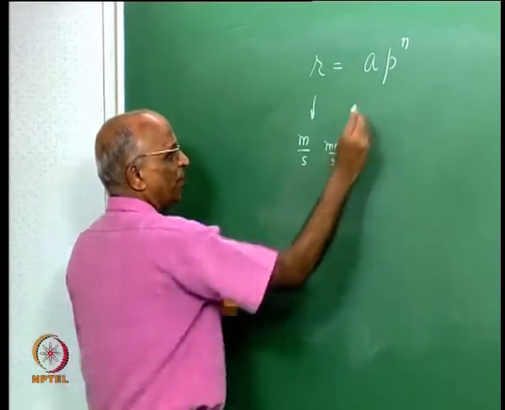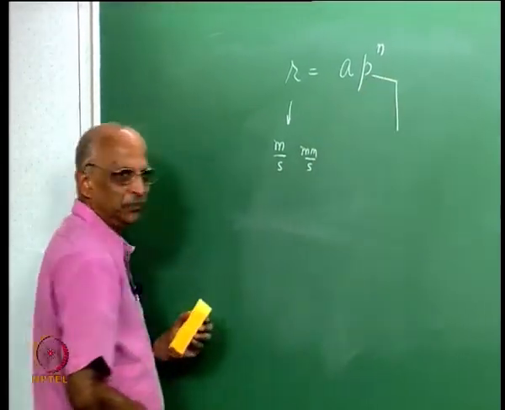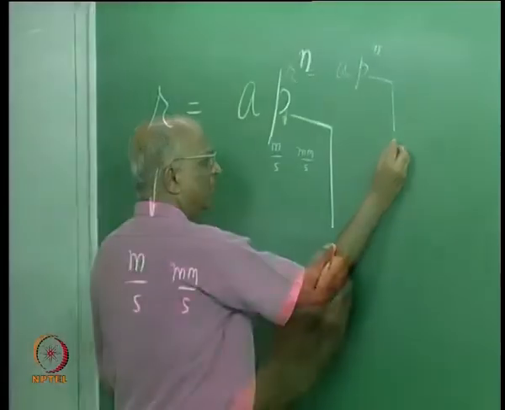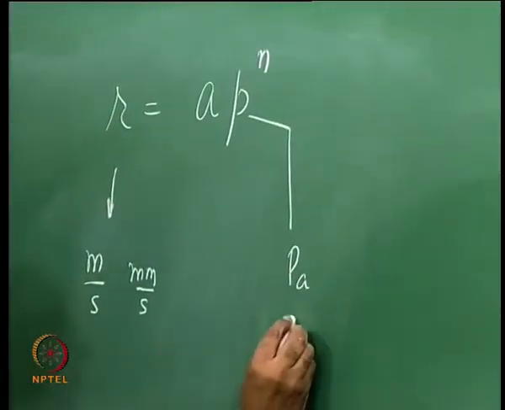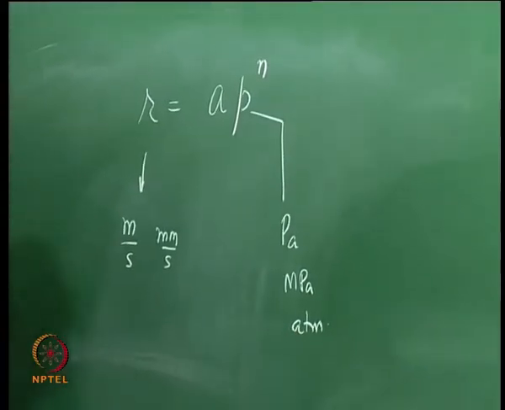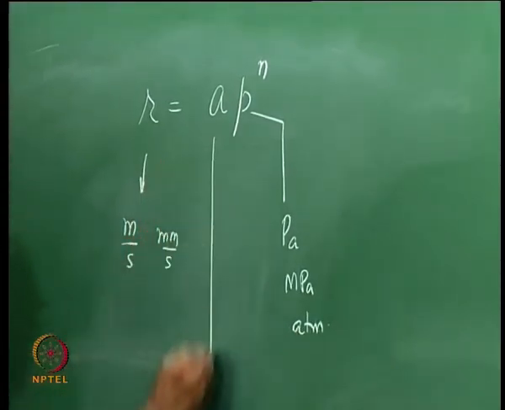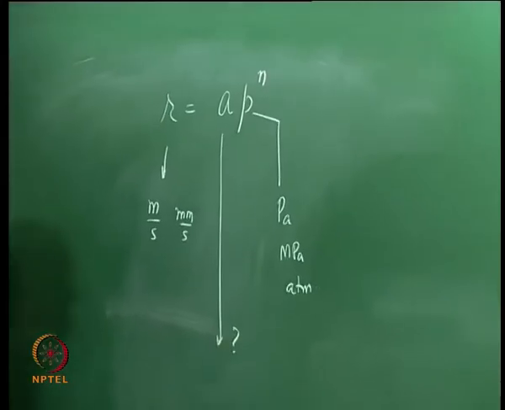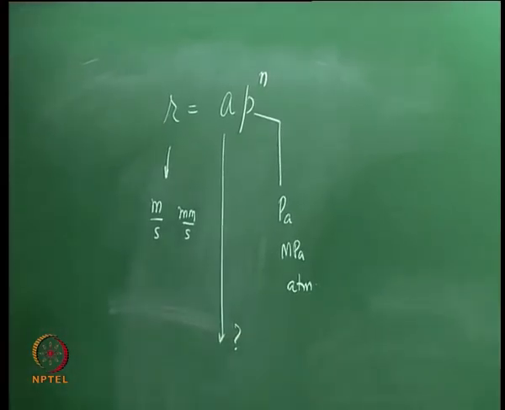What is the unit of pressure here? Could be Pascal, could be megapascal, could be atmosphere. Then what is the unit for a? The constant, which depends on temperature and composition. The unit becomes very clumsy.